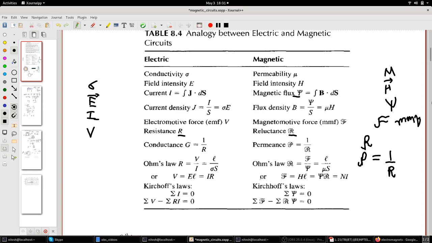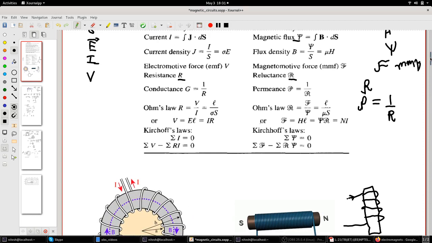Now another interesting thing is about Ohm's law. Ohm's law states that in an electrical circuit it is V by I. Here it is MMF divided by flux, which is the same as your reluctance.